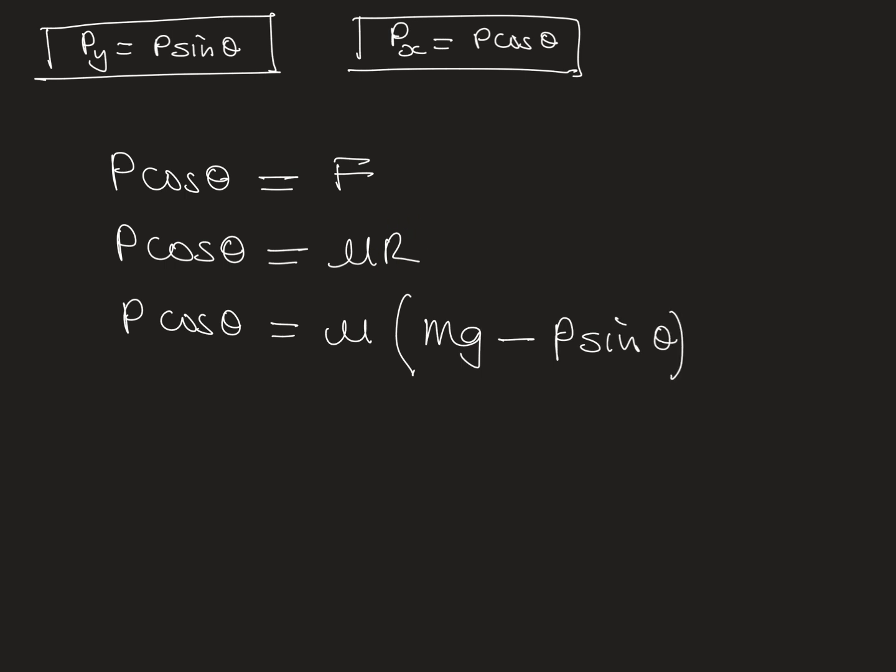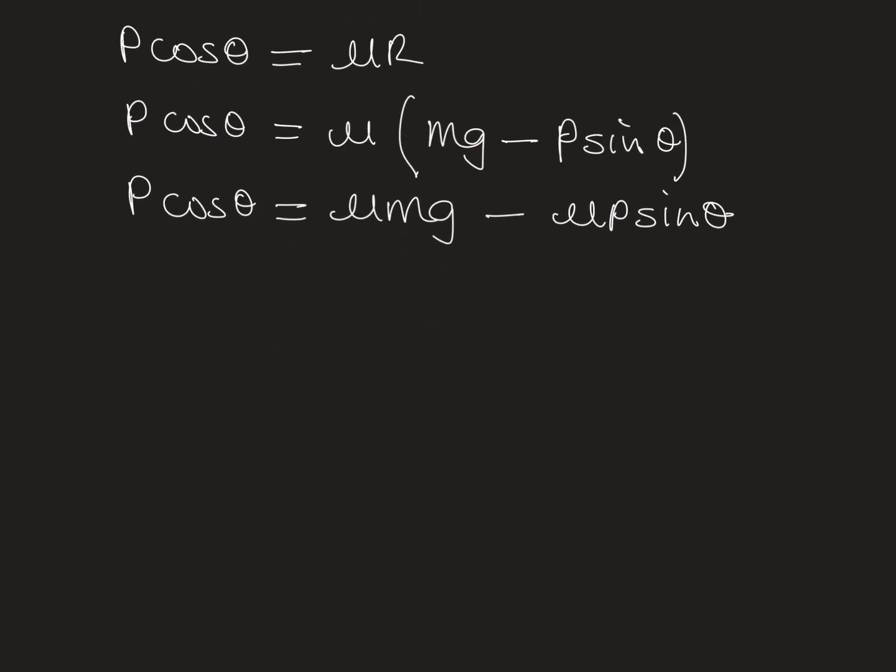So P cos theta is equal to mu mg minus mu P sine theta when we expand.